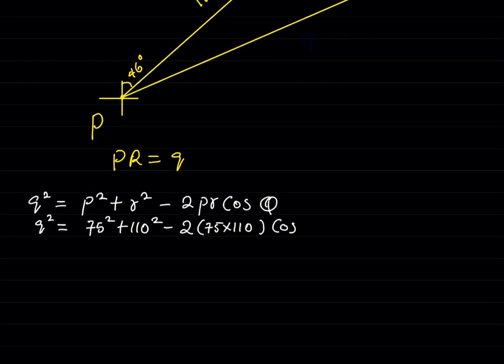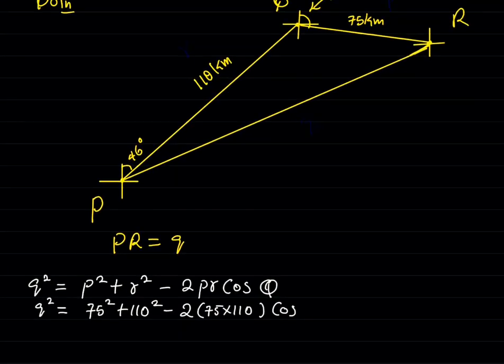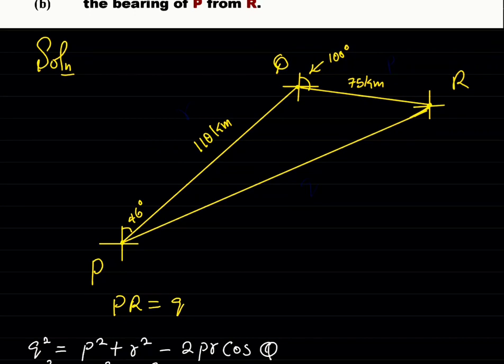Now we need to get our Q. So let's come over and get our Q. Now, watch it out. From here to here is actually 80.